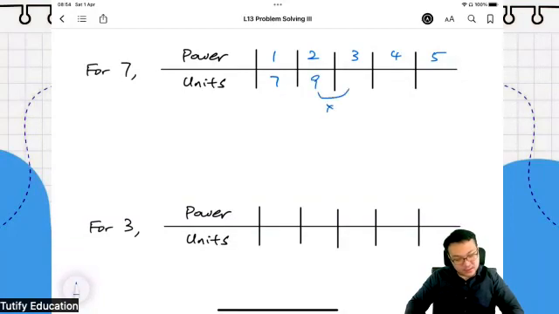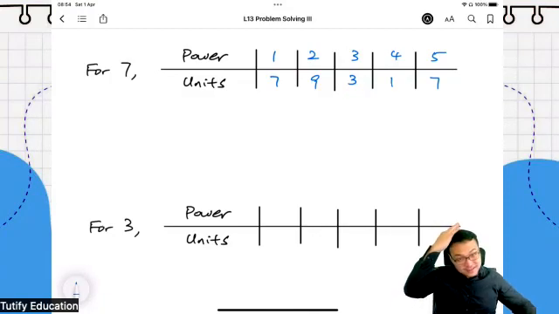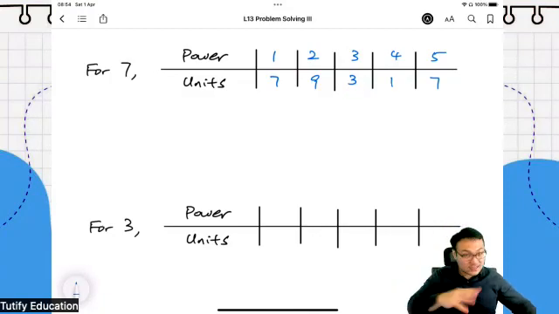Then you times 7 again. 7 times 9 is 63. So what number should I write? 3. Then 3 times 7 again, 21, 1. Very good. Then you times 7 again, 7. Does the number start to repeat itself?